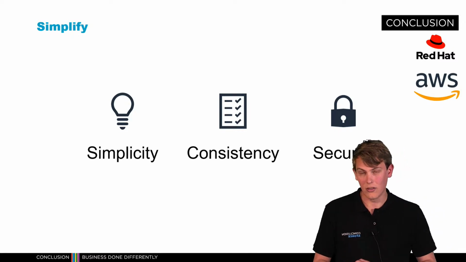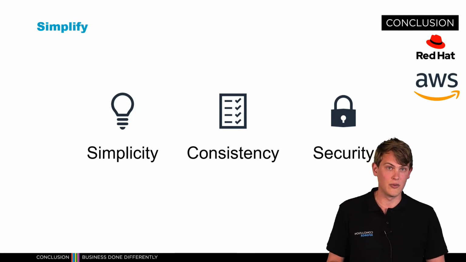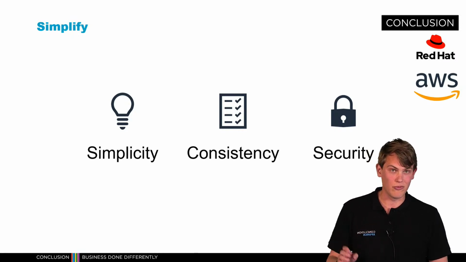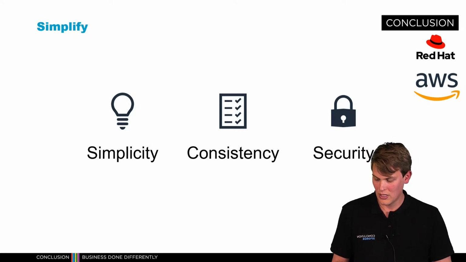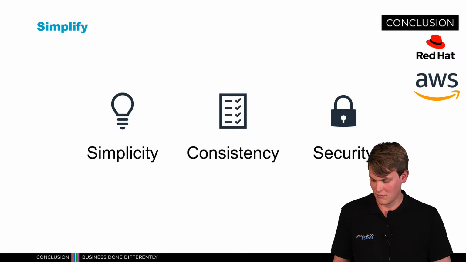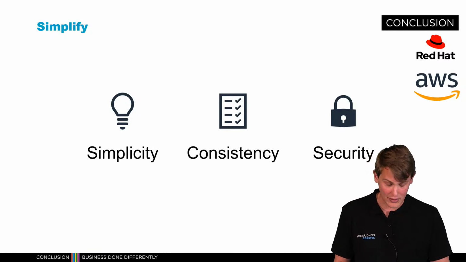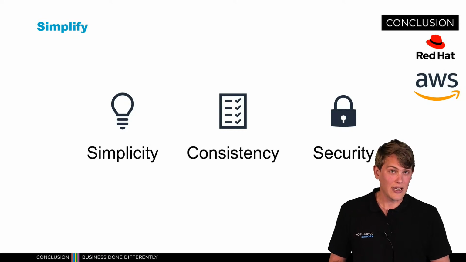Most of the operations within OpenShift are automated already using the operator framework and all very cool technologies, but actually consuming ROSA as a managed service really enhances that. And when you're using ROSA, as Ike mentioned, it really is OpenShift.